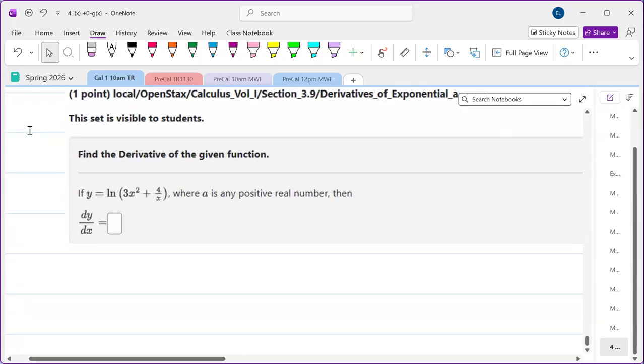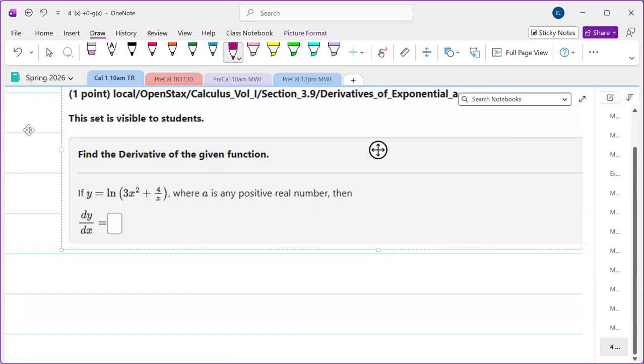All right. So I've got a function that has a natural log, but then the overall operation there is a plus. So I can't use any log properties to break this down.